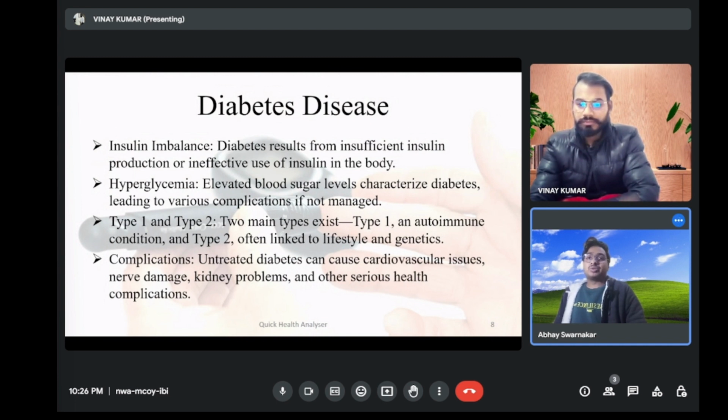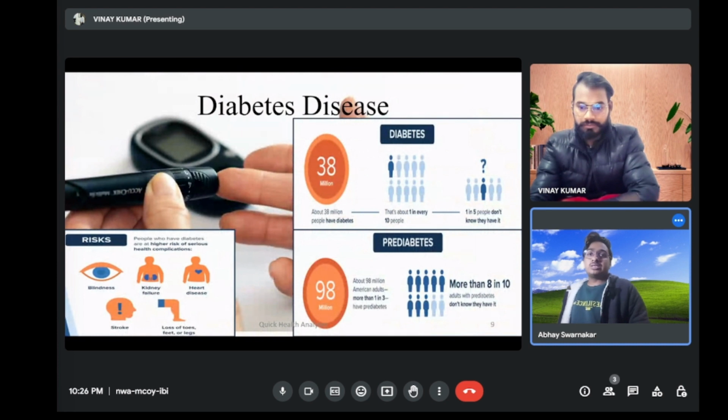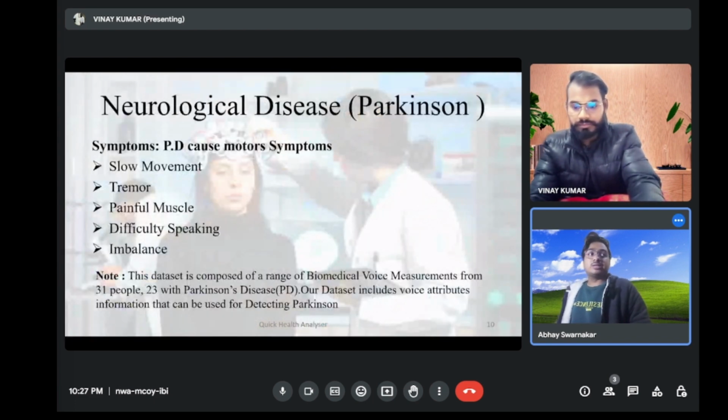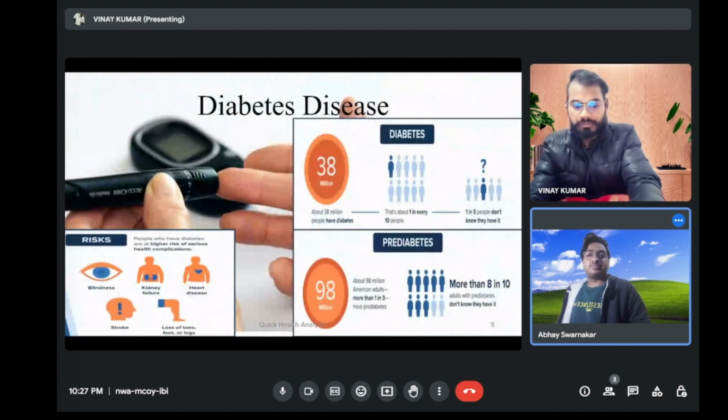Type 2 comes from lifestyle changes and can be genetic. Out of 10 people, one has diabetes, and out of 10, 8 people are pre-diabetic. It can cause blindness, kidney failure, heart disease, strokes, and loss of toes, feet, and legs.